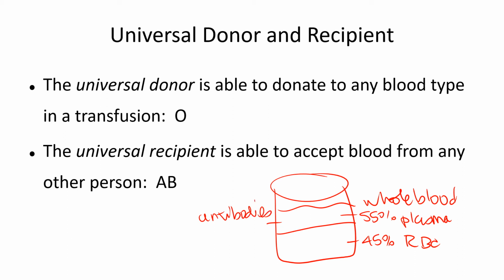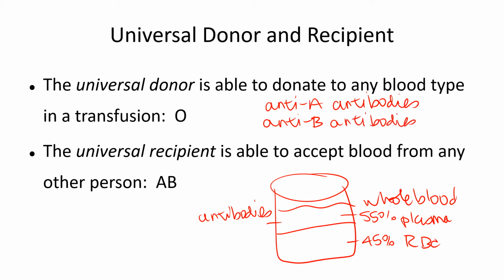So let's think about this for just a moment. If your blood type is O, then you may perceive A and B as being foreign. In fact, you may carry antibodies against antigen A and antibodies against antigen B. So we would say that in your whole blood plasma, you carry anti-A antibodies and anti-B antibodies.